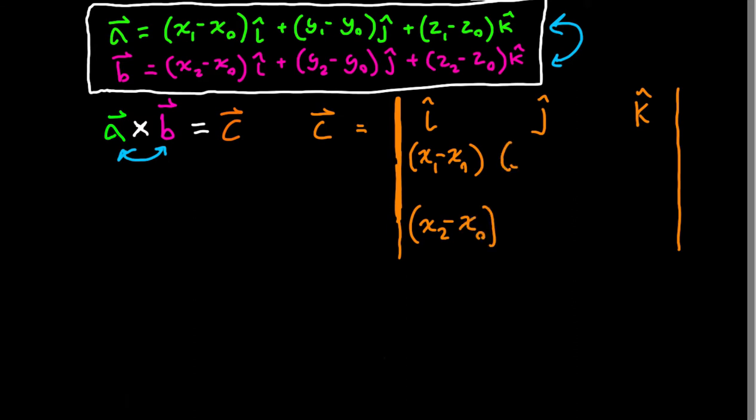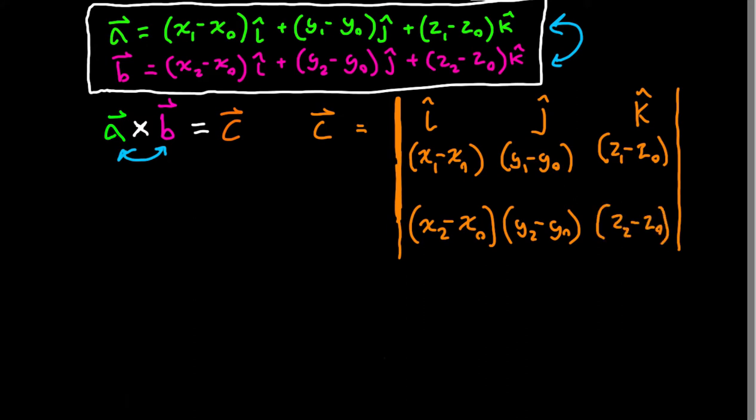Our j components are y1 minus y0 and y2 minus y0. And our k components are going to be z1 minus z0 and z2 minus z0.